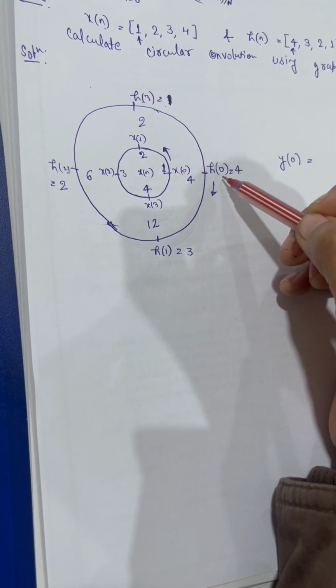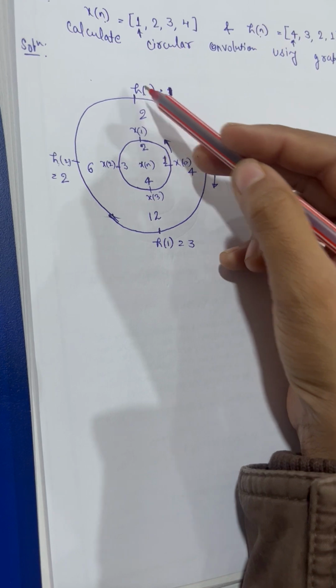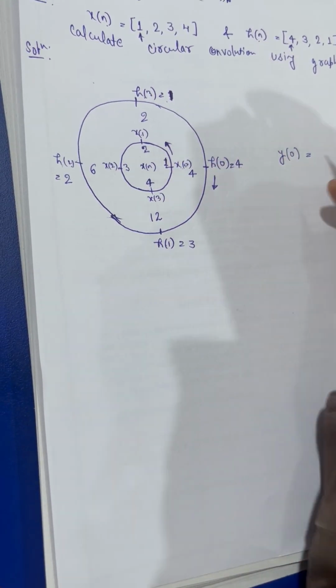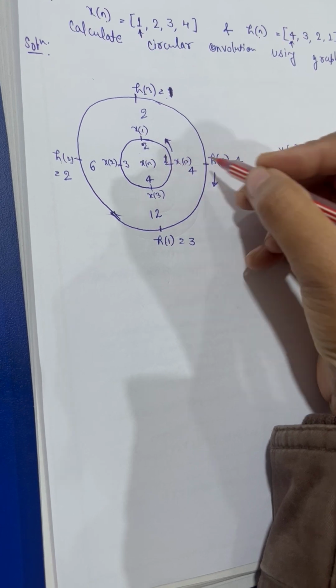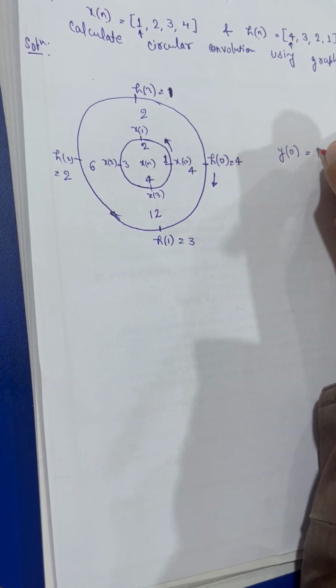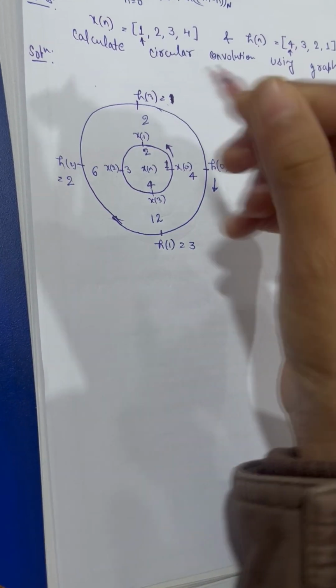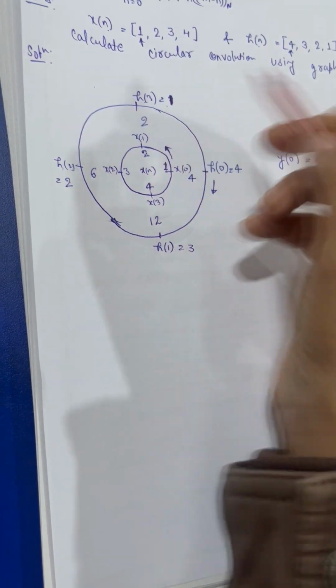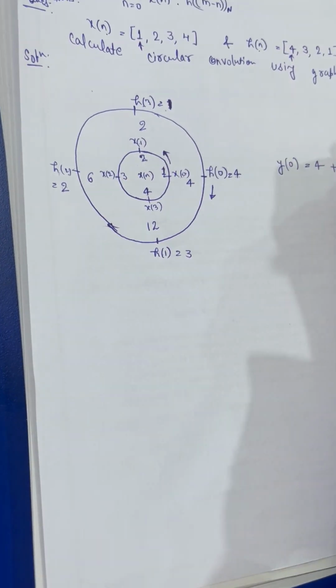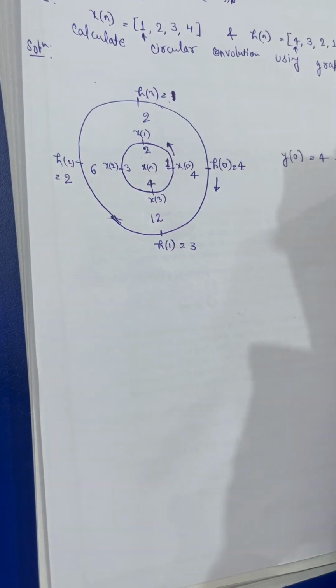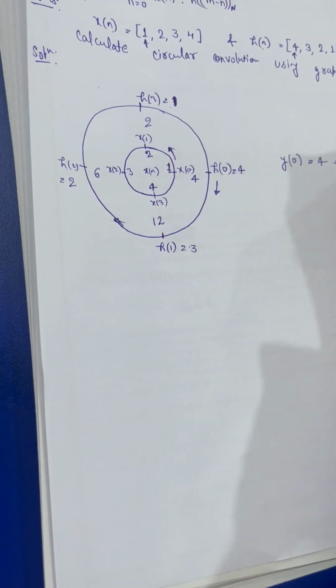Now write down the sum of these convolved sequences. Here 1 into 4 is 4, plus 1 into 2 is 2, plus 2 into 3 is 6, plus 4 into 3 is 12.